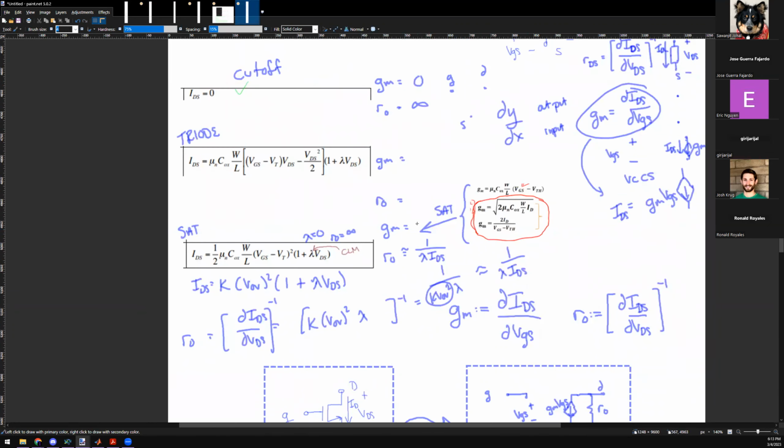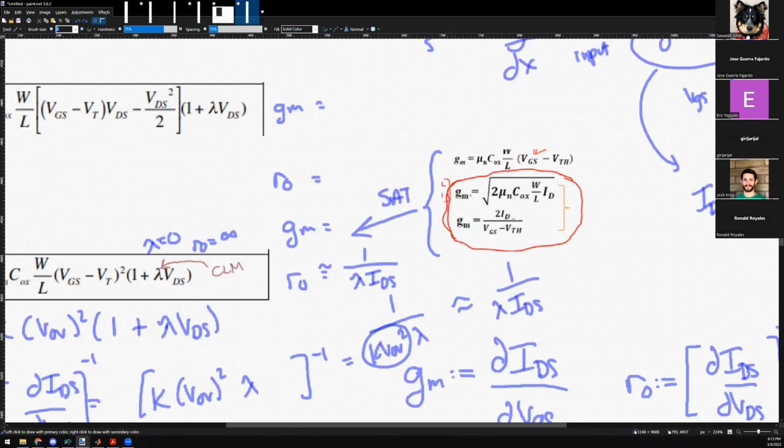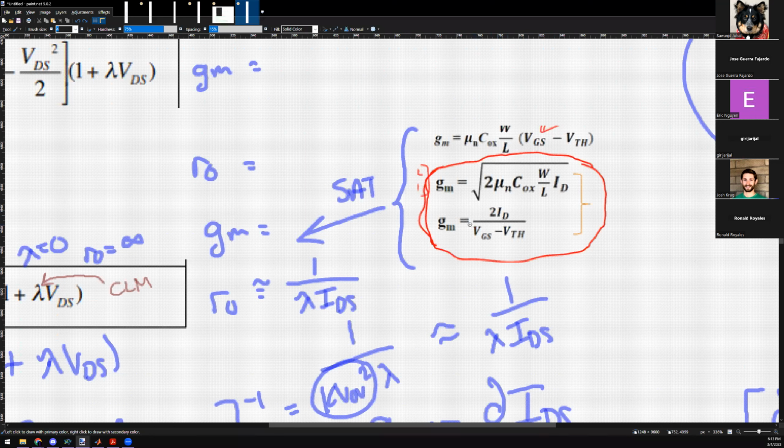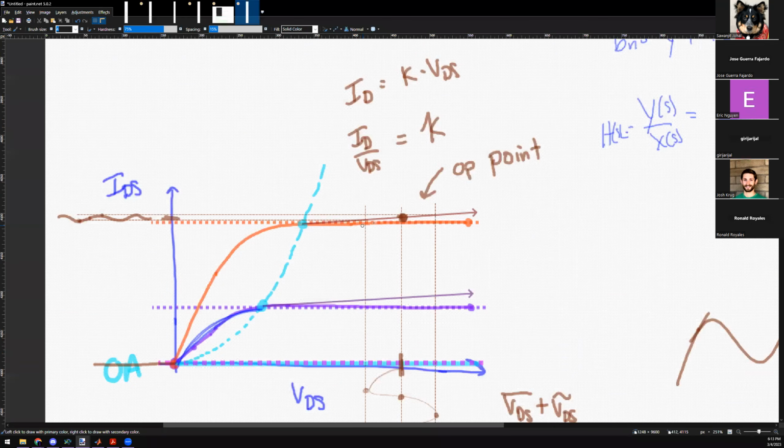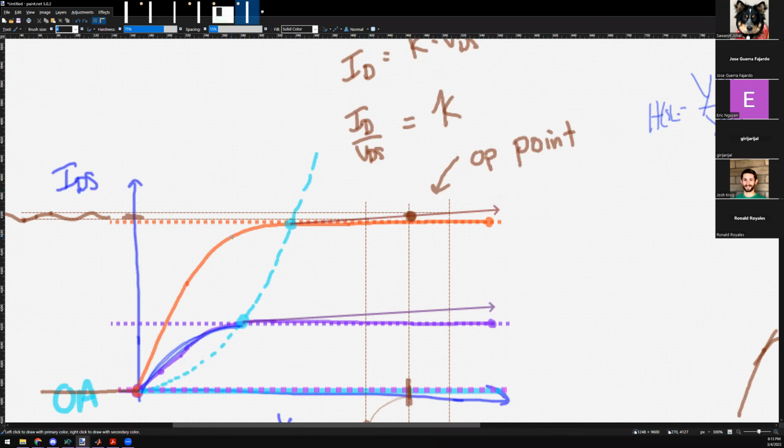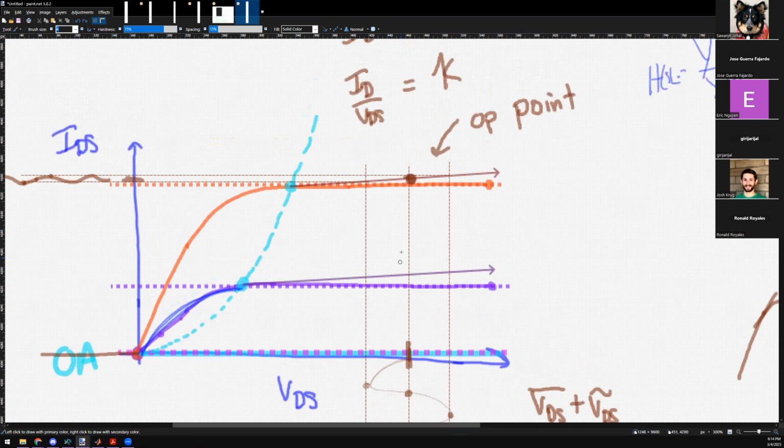Also, notice the derivative itself relies on the large signal. I need to know the nominal VGS, VTH, and IDS. This is the operating point. The slope of this line is very different depending on what my actual VGS and VDS are.